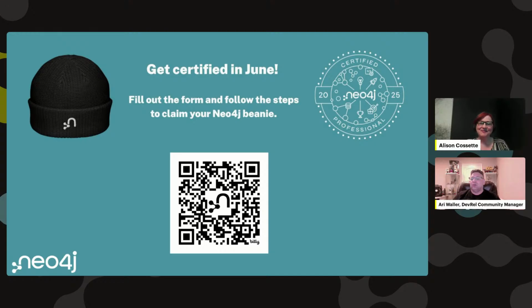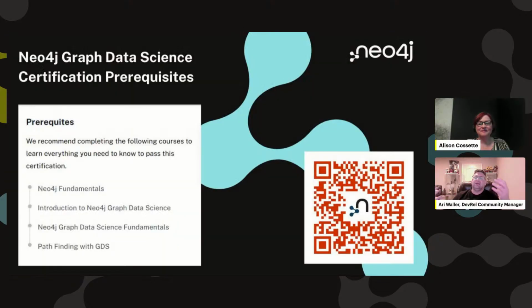But what I really wanted to show you first here was the road to get this. Here is another QR code that you can hit, and this will take you to the graph data science certification page where you can take the test if you'd like, and also the recommended prerequisite courses. The prerequisites for this particular certification are fewer courses than the first one, but still really important ones.